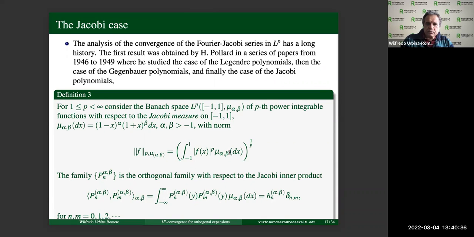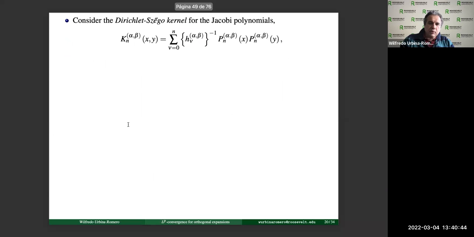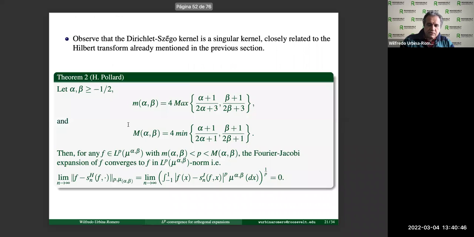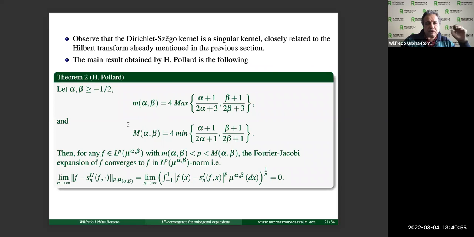Right. So, these are power weights, and not by chance. This was one of the first approaches that Muckenhoupt took. But the A_p weight theory is from the early 70s. Pollard, we are talking about 1946, 1949, far from there.